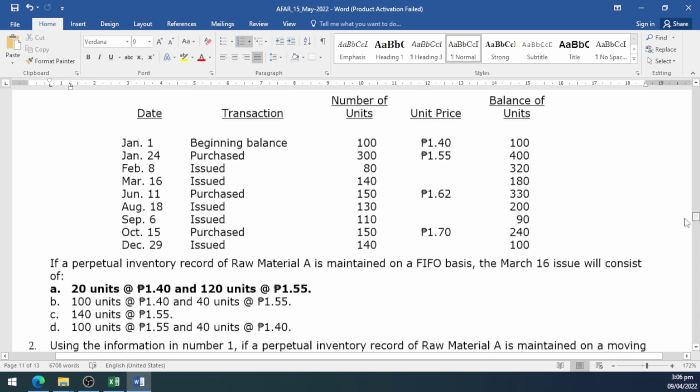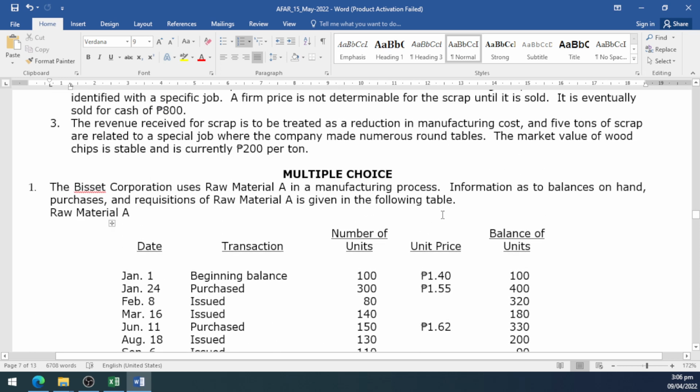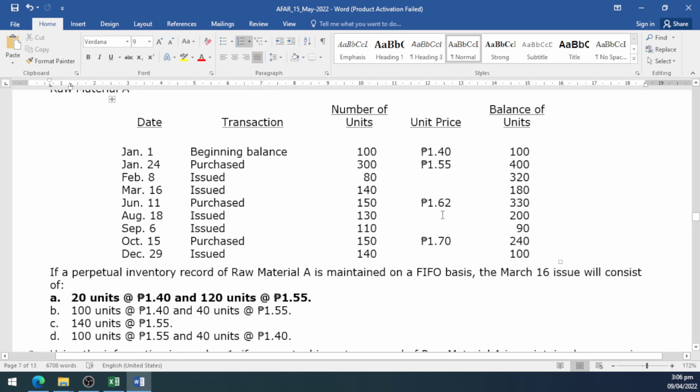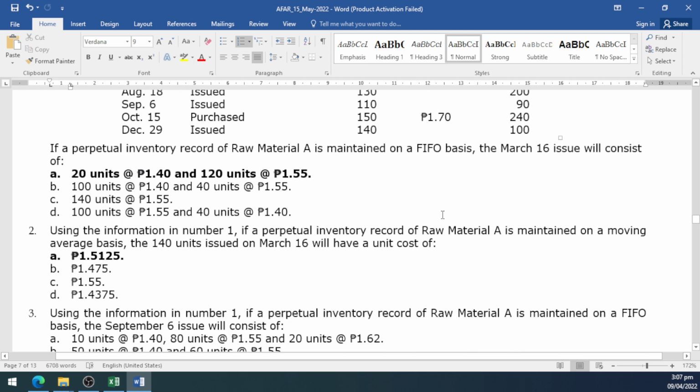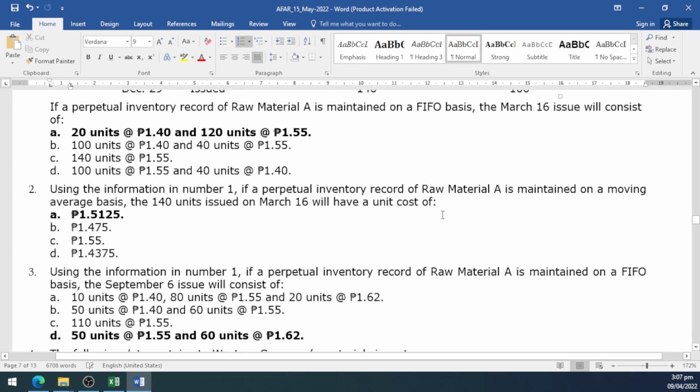But gusto nyo nang makita ngayon yung mga sagot, o ayan. Number 1, letter A. Multiple choice to, ha. Number 2, letter A. 5 tsaka average method lang yan, class. Kung ano yung ginawa ninyo sa financial accounting, yun din yun, eh.